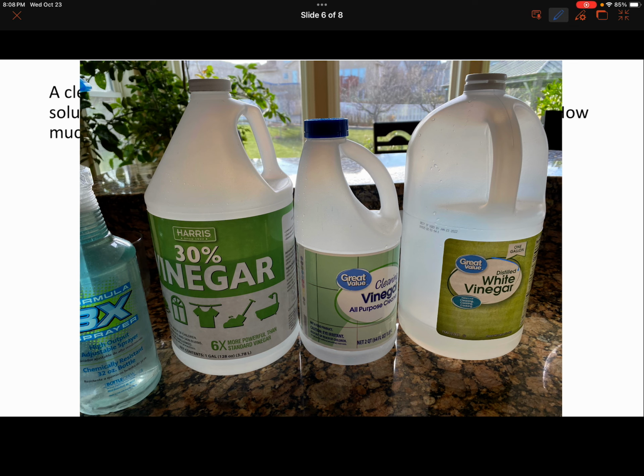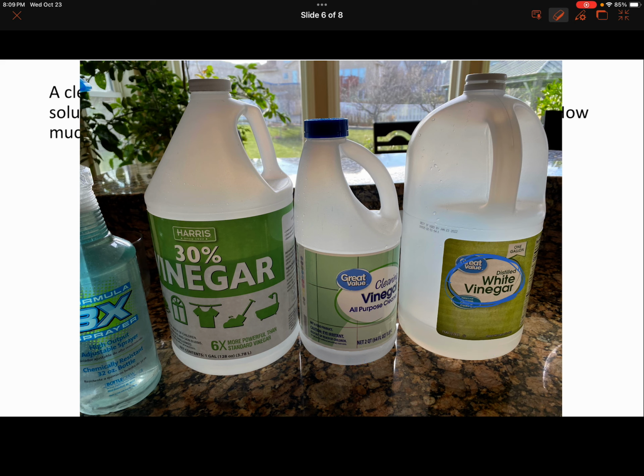So when you go to buy vinegar to clean your house, one jug that you can buy is distilled vinegar. Distilled vinegar is actually cooking vinegar. It's what you would use to can food. It is 5% acidity. Cleaning vinegar is 20% more powerful, more acidic. It's 6% vinegar. But you can buy up to 30% acidic vinegar in your home improvement stores.